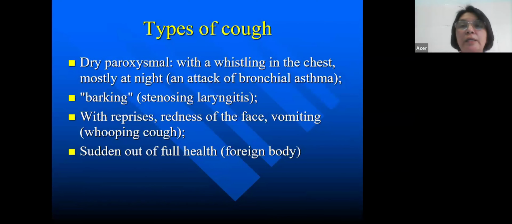Cough. Cough is the most common sign of respiratory tract diseases. Types of cough: dry cough and wet cough. Dry cough without sputum, wet cough with sputum. Dry paroxysmal cough with a whistling in the chest is typical for bronchial asthma.